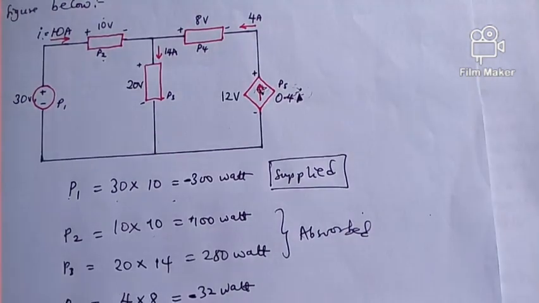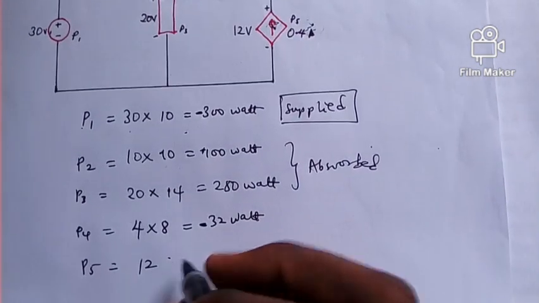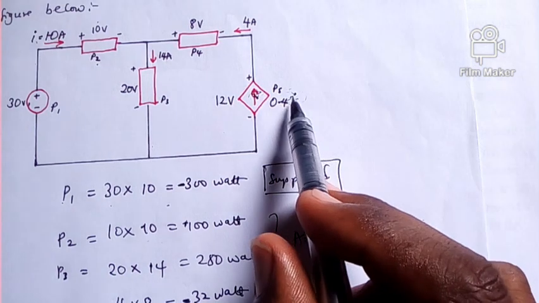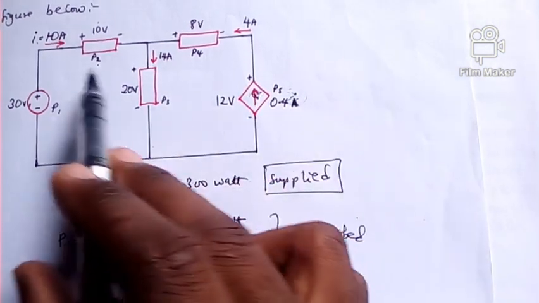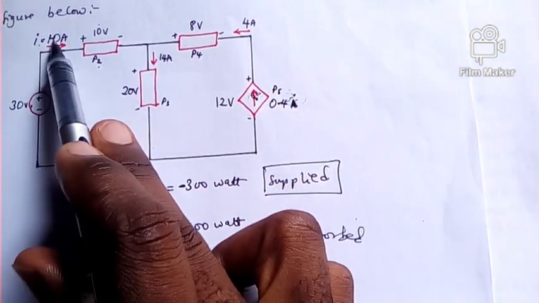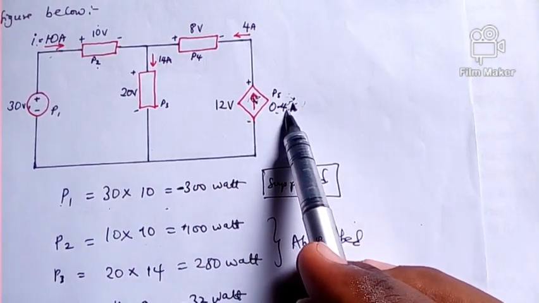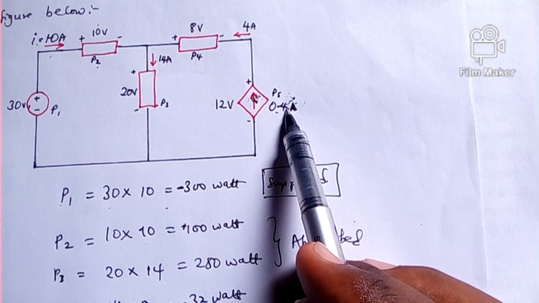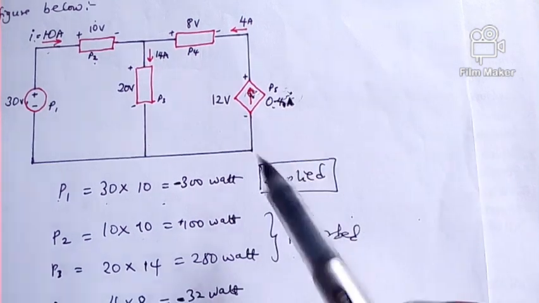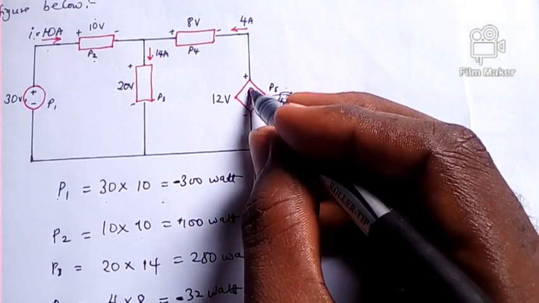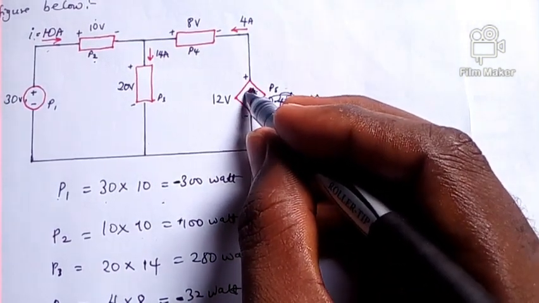So to get the power, we already know the 12 volts. This 12 volts times the current is going to be determined by I. Where is I? Over there. I is 10 amperes. So we multiply 0.4 with I, 10 amperes, and we have 4. So the whole of this is 4 amperes, and that's the current of this particular source.